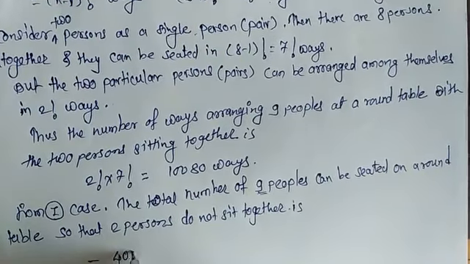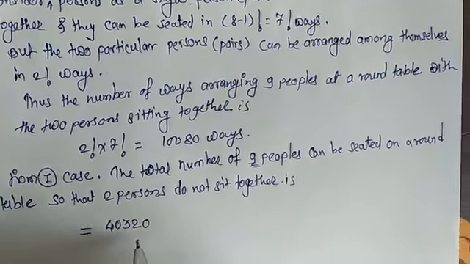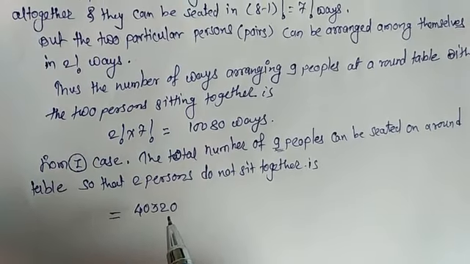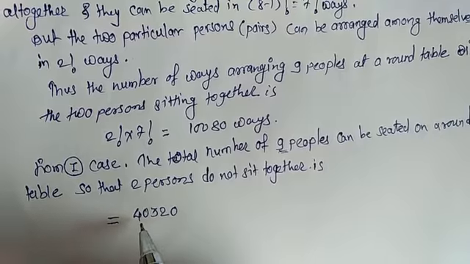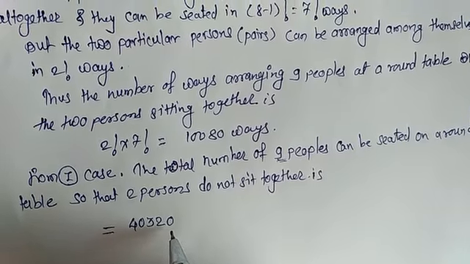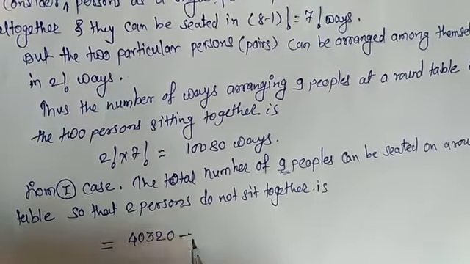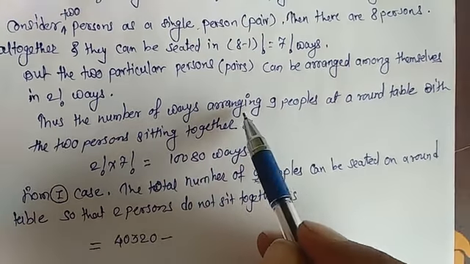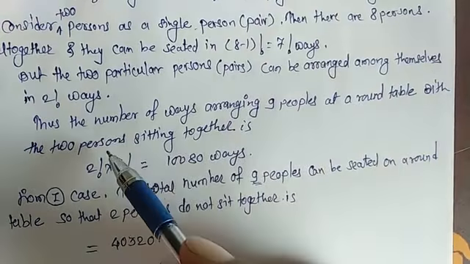That means this is the first case. From the first case we can say that 9 people can be seated at a round table in 40,320 ways.